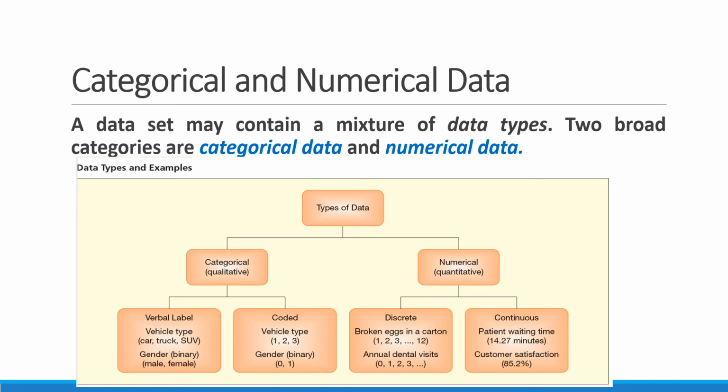So all of these are considered as numerical or quantitative examples of data.